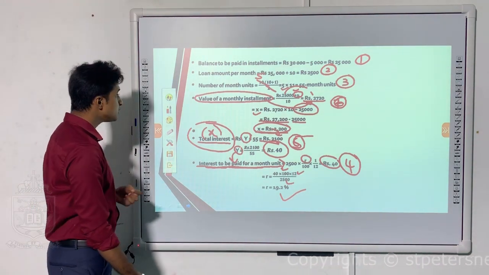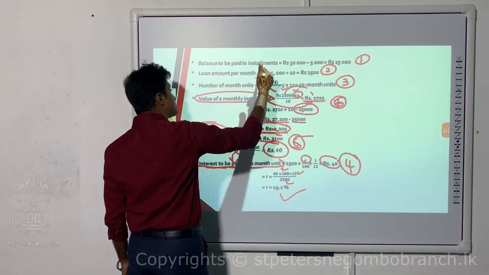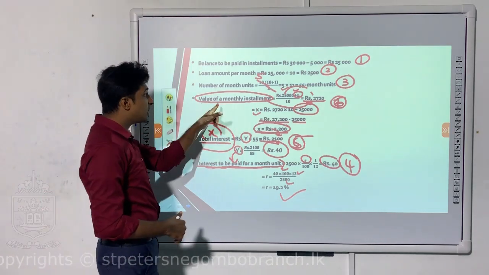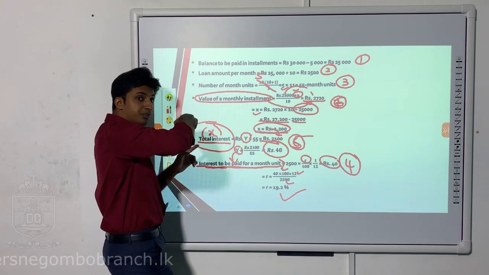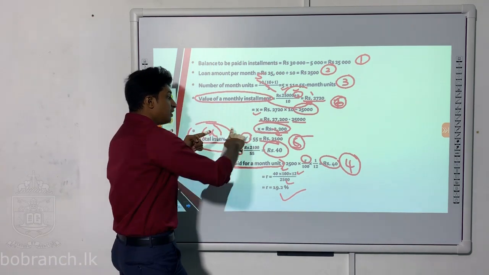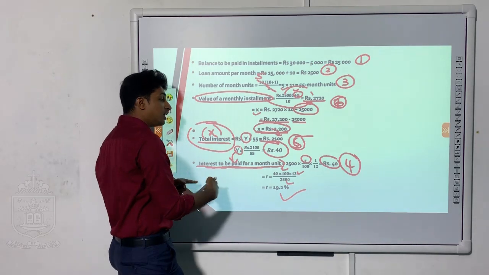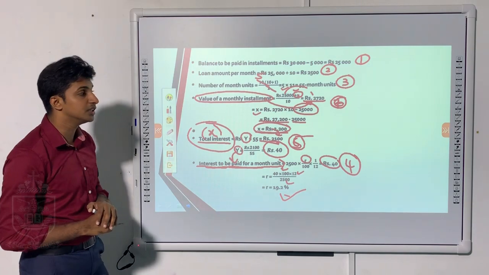Right? So what I have done, first I went through the first 3 steps in order. Then I started from the last one. From the last one, I will find the total interest. Then I will apply it to the previous step, the total interest step. From that step, I am going to find the interest paid for a month unit, right? From that, I will find the rate value, the final value for the percentage.